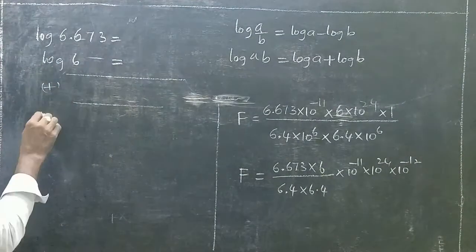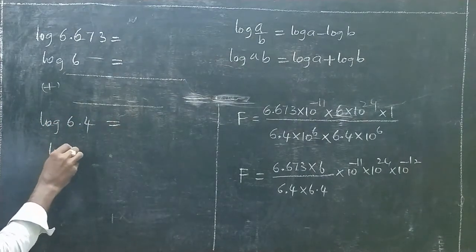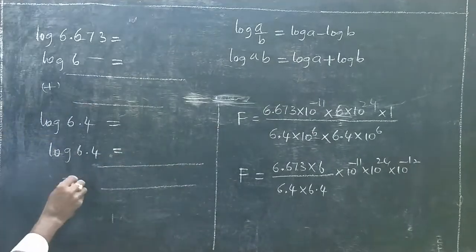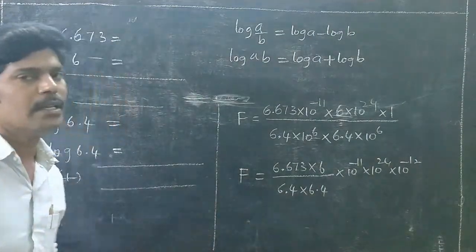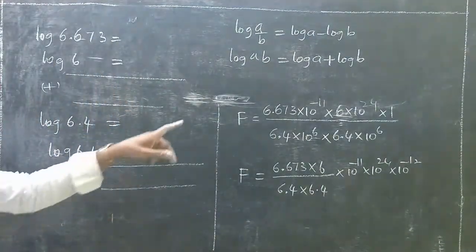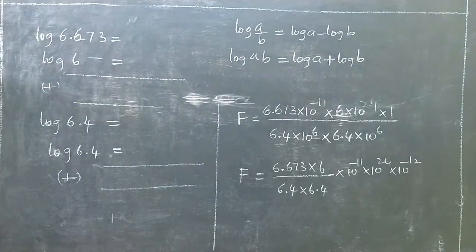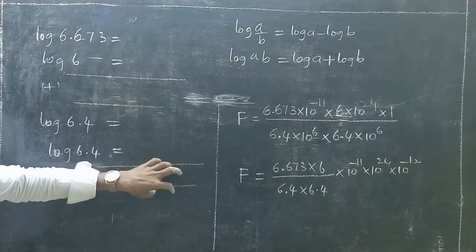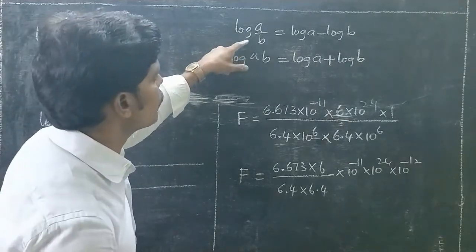After that, log of 6.4 and log of 6.4 in the denominator. In the denominator also it is in the form of log a into b, so we use this formula and both values are added. This is the numerator value, this is the denominator value, and for both values, log a by b, we use the subtraction formula.